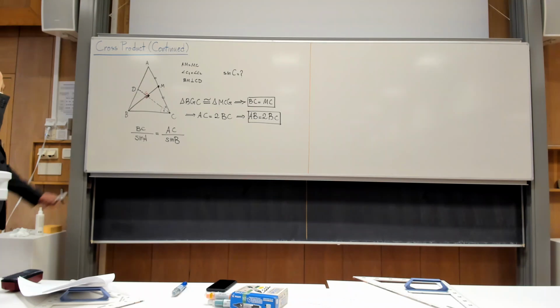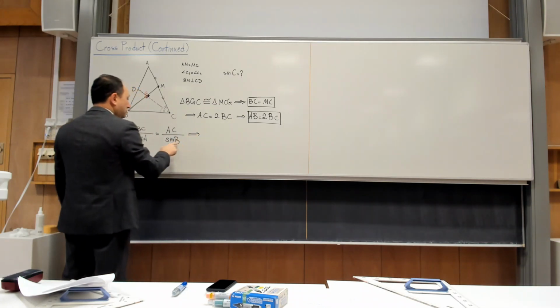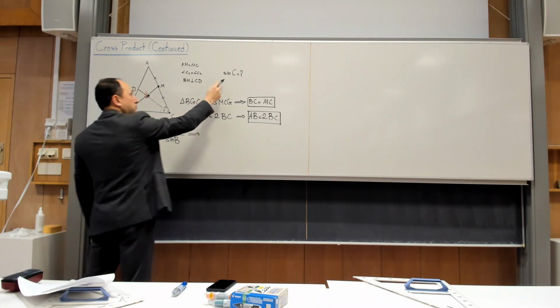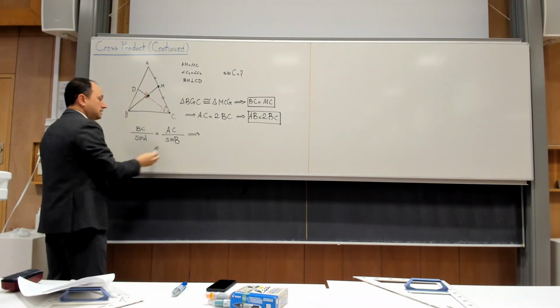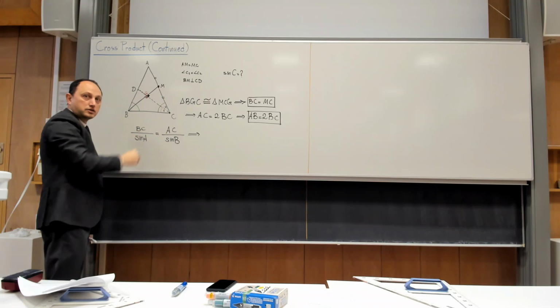Okay, and then I can use these properties. Instead of B, I can write C, because my point is to find sine of angle C, and there is no difference between angle C and angle B because that's an isosceles triangle, yes?